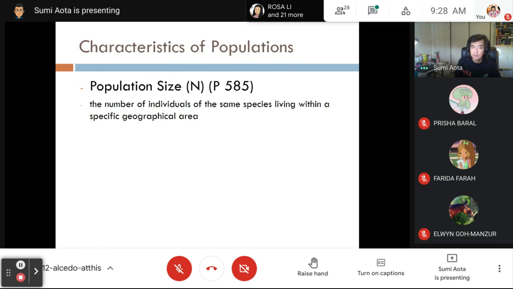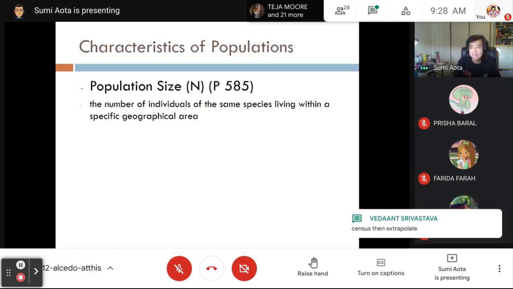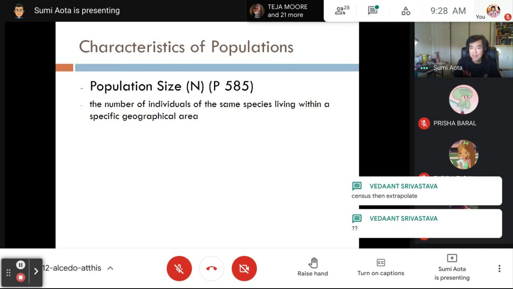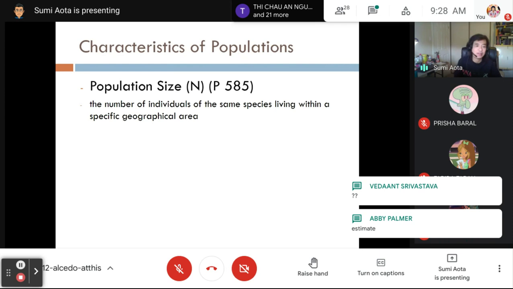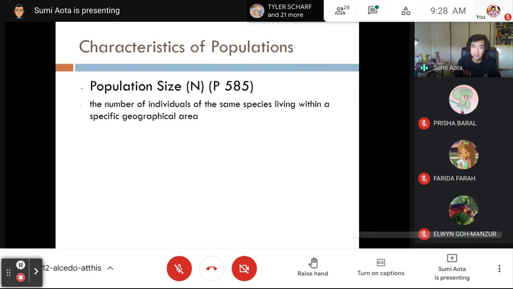Okay. So how do you think the city of Ottawa gets an accurate, knows what the population is? I mean, there's signs that say Metro Ottawa is over 1 million people. How do we know that? Okay, that's one possibility, and then Abby has the other one. Okay, so a lot of times we can't figure out what the actual population size is.